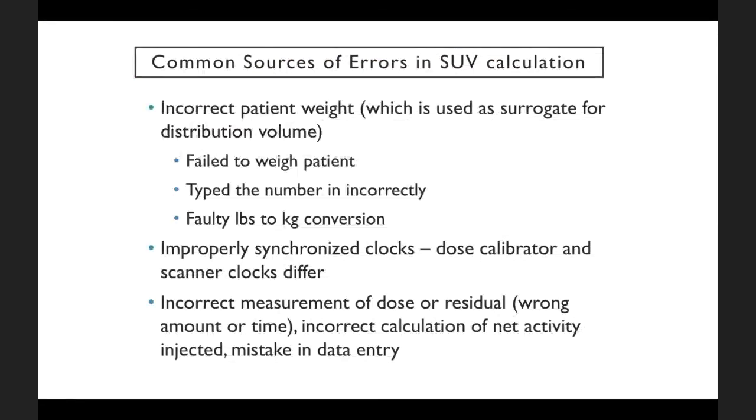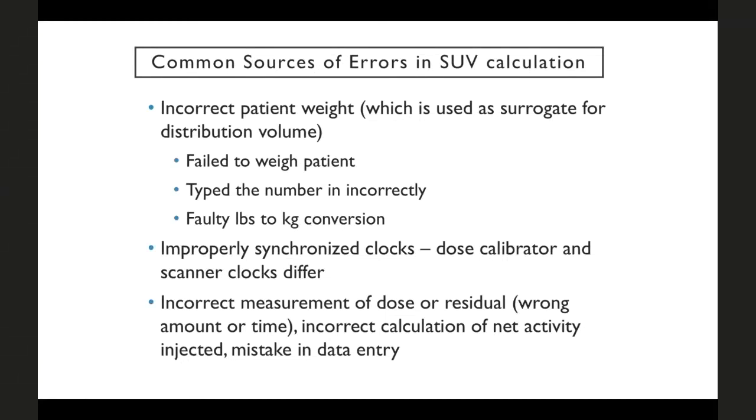And it could have been months ago, where for oncology patients, their weight can change quite a bit during treatment. And it could be that the technologist typing that information into the scanner made a typo. And another one that we find is that they will weigh the patient in pounds, but the scanner wants kilograms, and they make a mistake when they're doing that conversion.